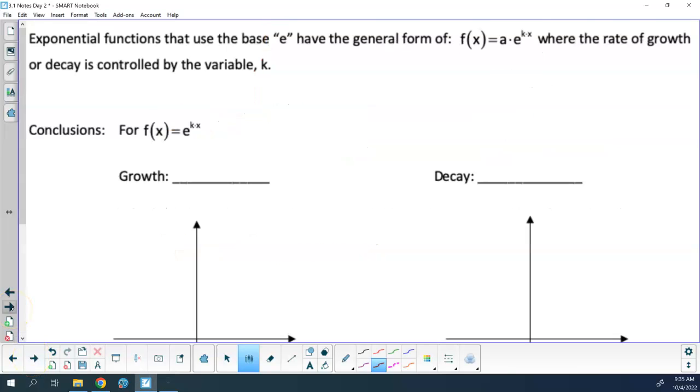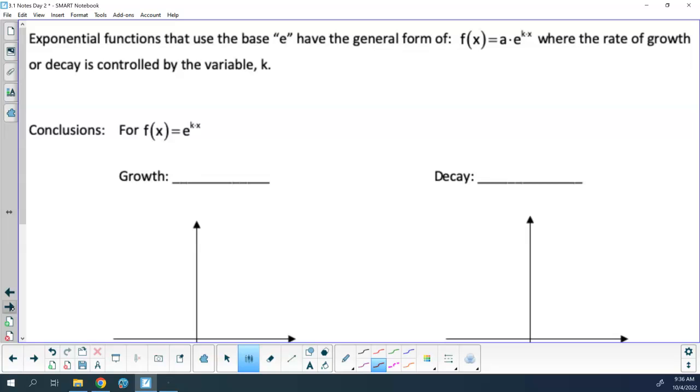Exponential functions that use base e have the general form f of x equals a times e to the kx power, where the rate of growth or decay is controlled by the variable k. Now, here's the cool part. You got it on Friday.